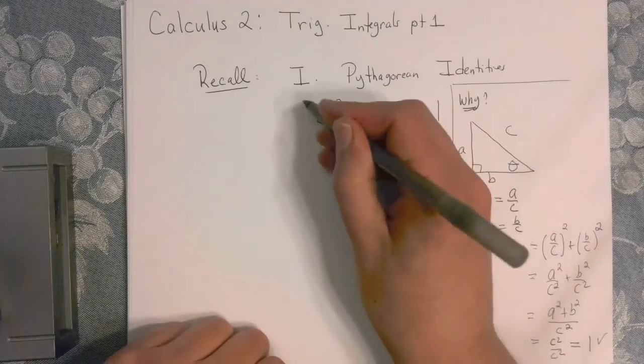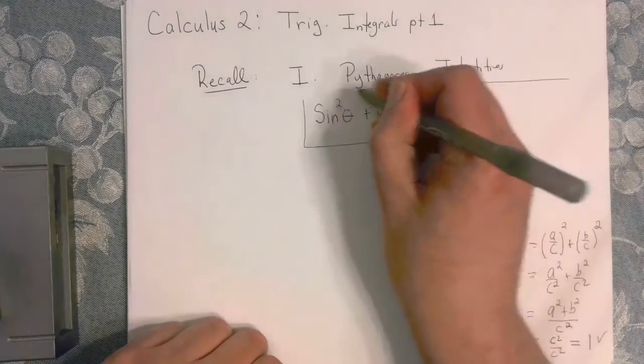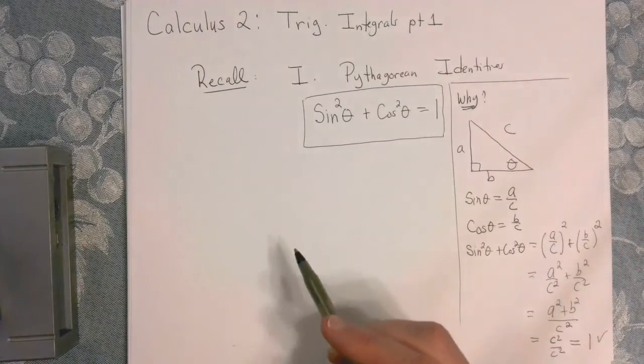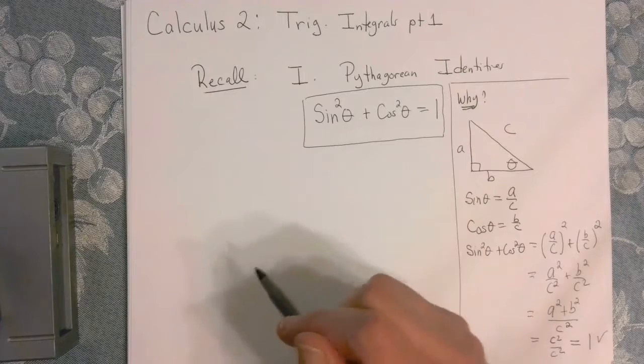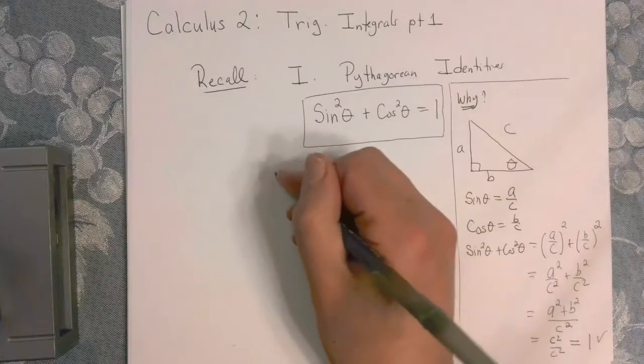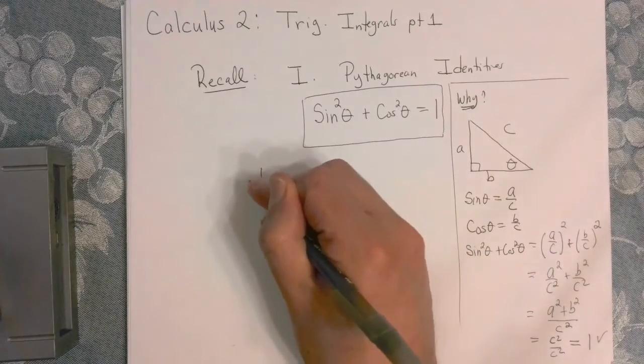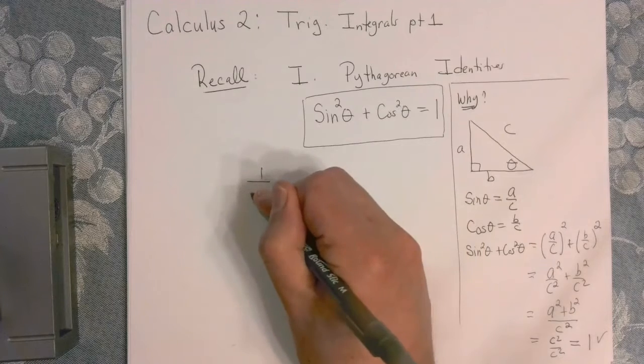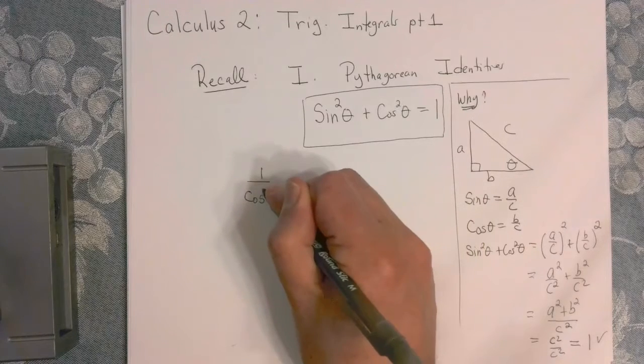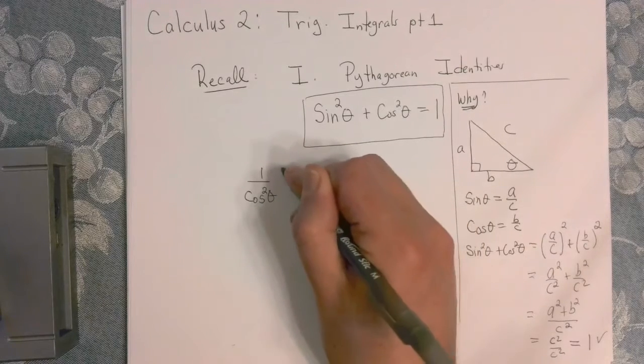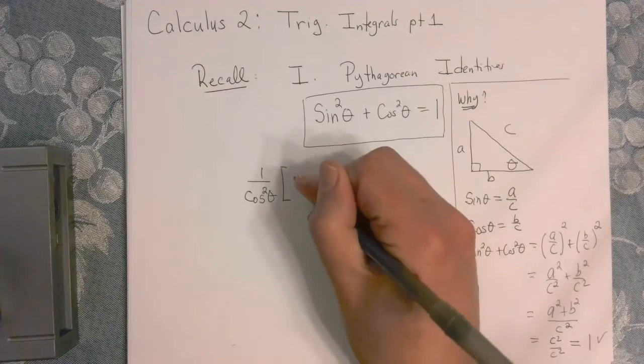Well, we could be kind of clever. So here's one important identity we'll need. And we have a couple more that we can find. So let's take this and let's do a little work. Let's maybe multiply the whole thing by 1 over cosine squared of theta. It's also known as secant squared of theta.